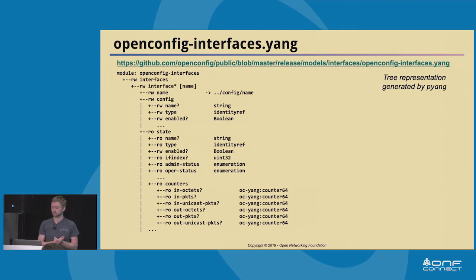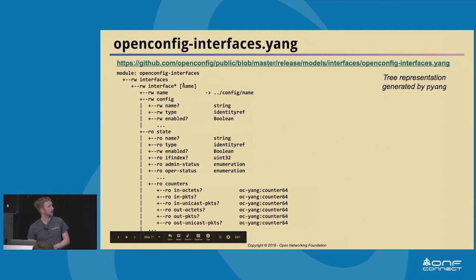Question? Sorry, I have a very basic question. Why do some of them have a question mark? Oh, a question mark means, I believe, the field is optional. And then RW means this field is read-write, and RO is read-only. And you can see that the key here is encoded in the brackets for the list.